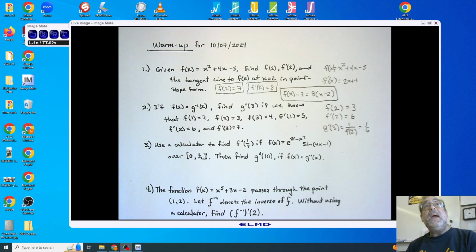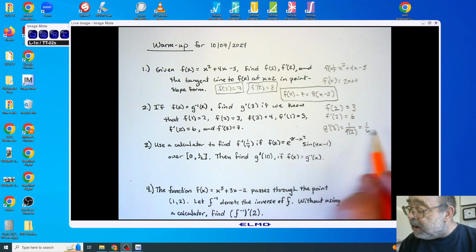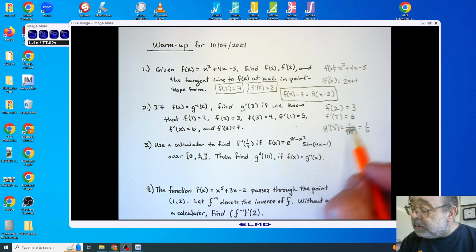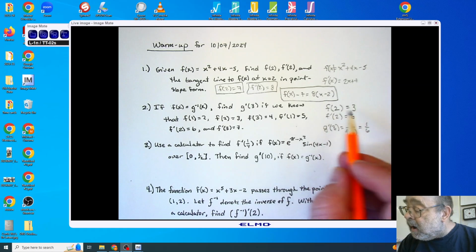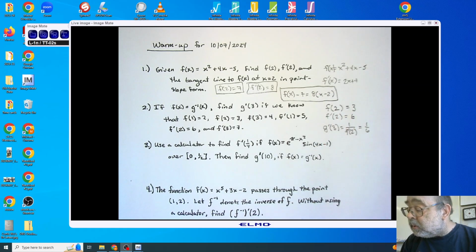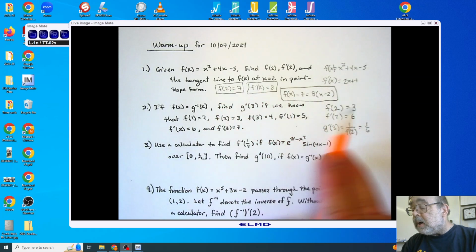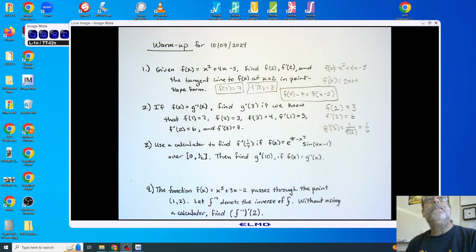Now granted, I could at this point find the equation of the tangent line to g at 3. After all, I know that g prime of 3 is 1/6, and I also know that g of 3 is 2. So I could follow the same process I did in number 1.